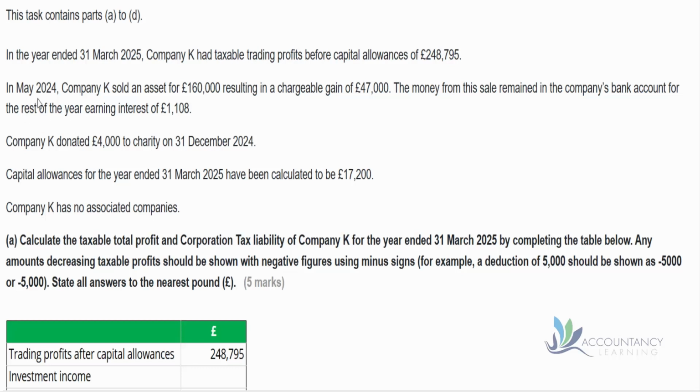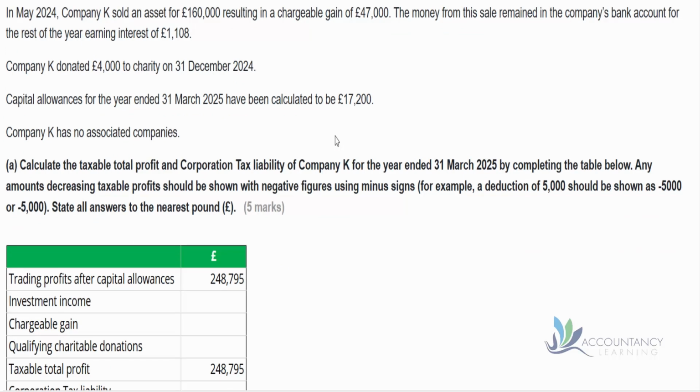Then in May 2024, Company K sold an asset for 160,000, resulting in a chargeable gain of 47,000. Remember that companies just include their gains with their trading profits to form part of their overall corporation tax. We've got a line for chargeable gain, so I can put the 47,000 straight in there.